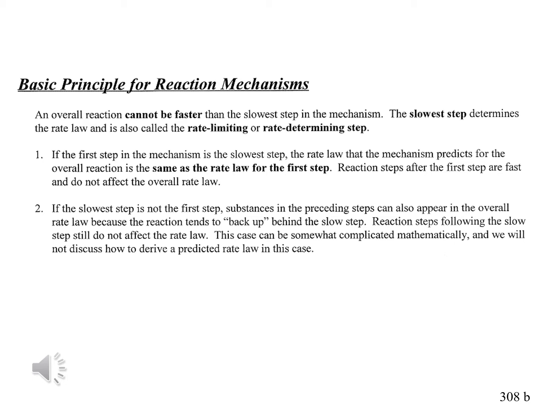But if the slowest step is not the first step, you have to go through a lot of mathematical processes, because the reactions before the slow step can be involved in the rate law because they back up behind it. We don't want to do that case. We only want to do case 1.